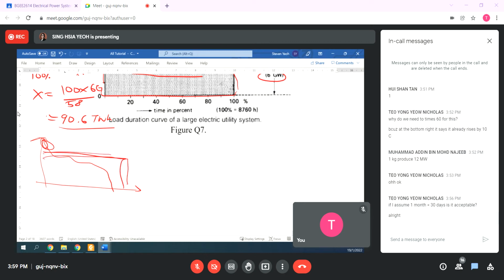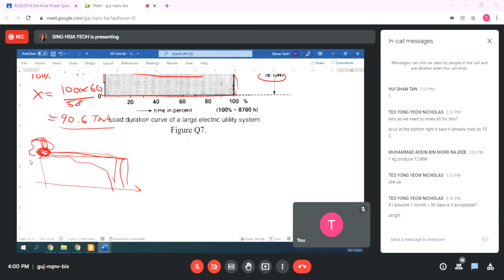So this peak load here will definitely reduce now. Then they ask you what is this load value? So the average goes down, then the peak value is pulled down.